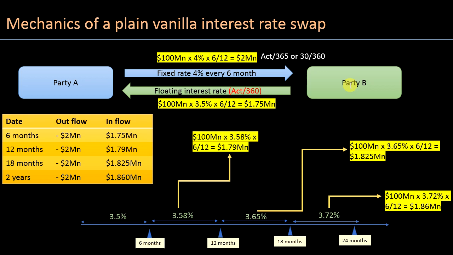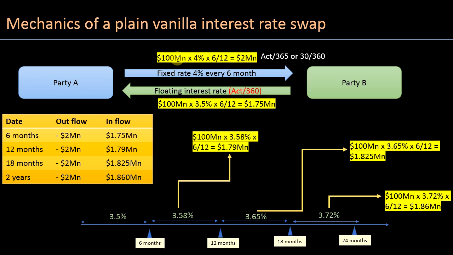B. One important thing to remember is that in a plain vanilla interest rate swap, we do not exchange the notional. Now here, even though we say it's 100 million notional, the notional itself is used only to calculate the interest payments. The notional itself is not exchanged.